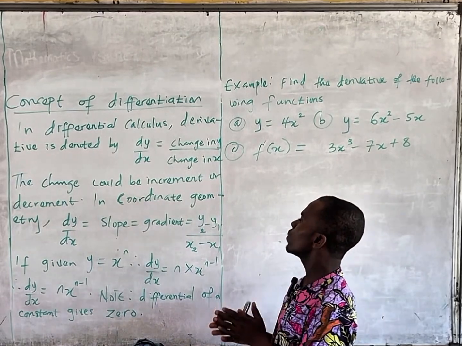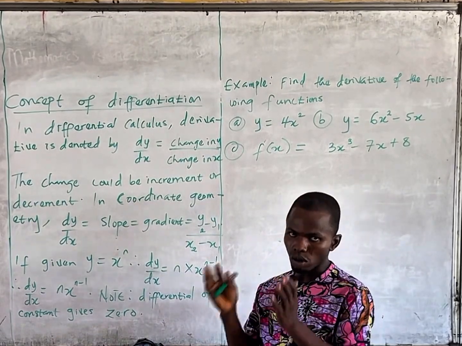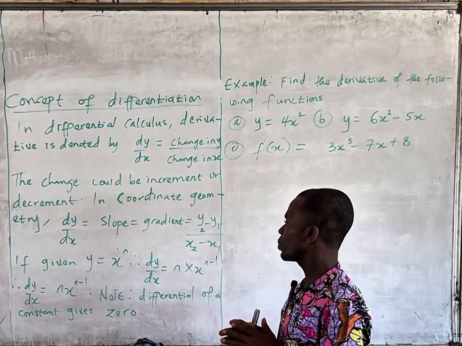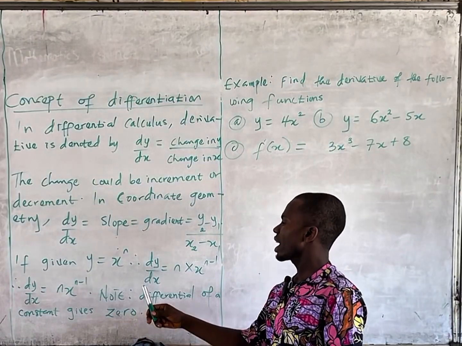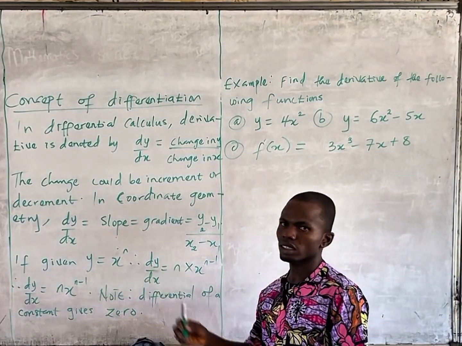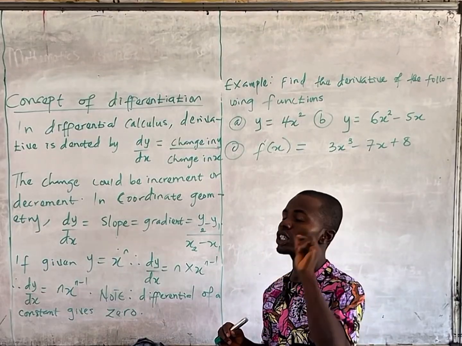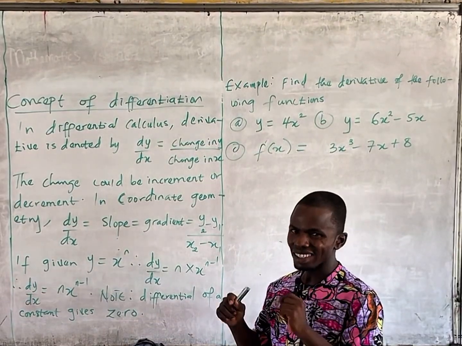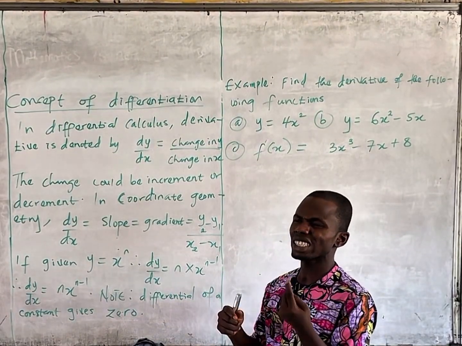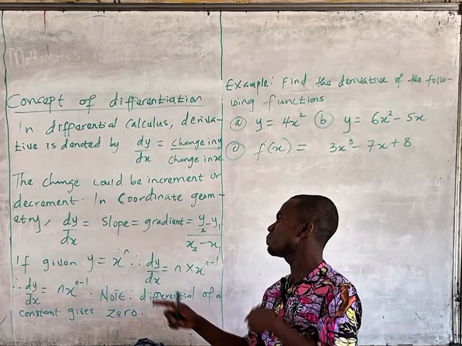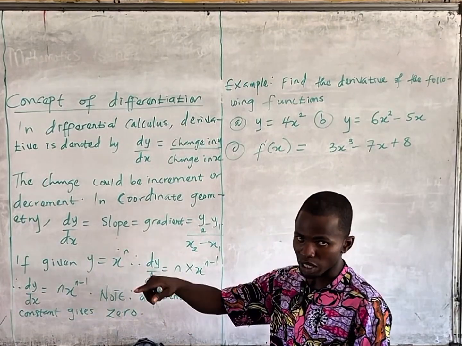Now I want to give the general principle of calculus. If given y as x raised to the power of n, don't forget that y is the codomain and x is the domain. So y is a dependent variable depending on x, and x is the independent variable.